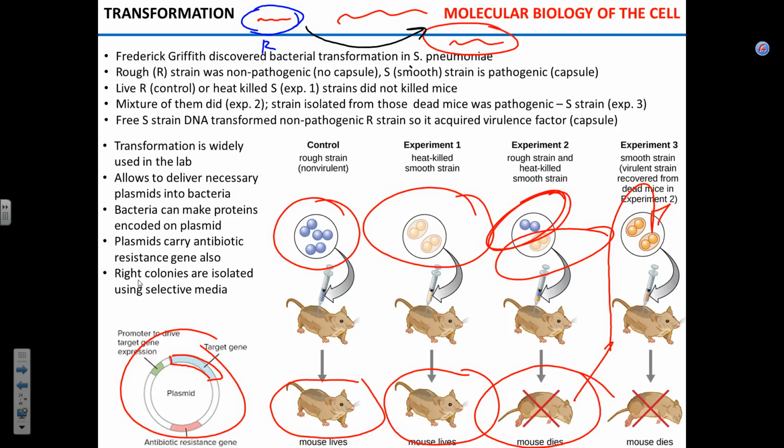Now, you have millions and millions of bacterial cells before the transformation. Will every one of them take the plasmid in? No. How can you tell apart the ones that have the plasmid and the ones that do not?